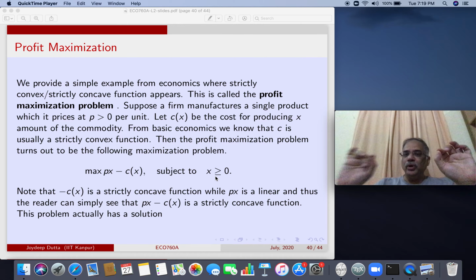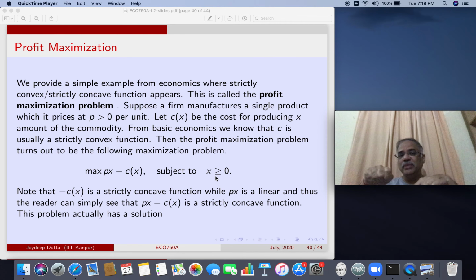Suppose the critical point satisfies P equal to C dash X star. Now if you want to show that X star is really the maximizer, then you have to take the second derivative, which is minus C double dash X star, and that has to be strictly less than 0.